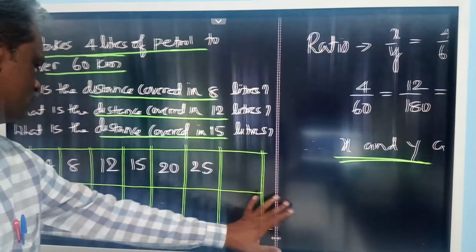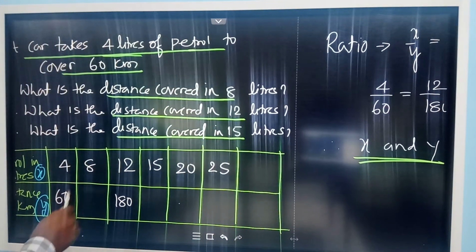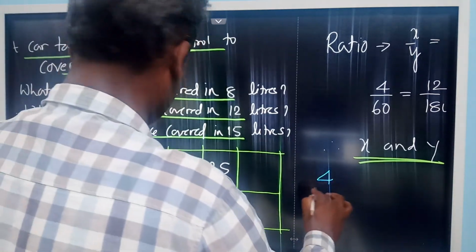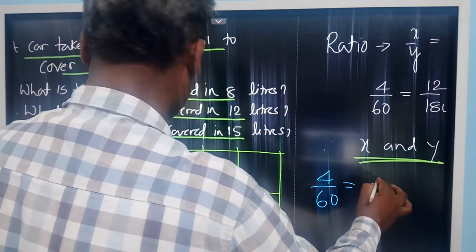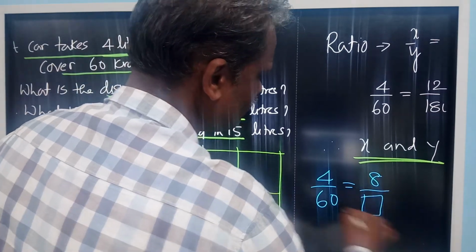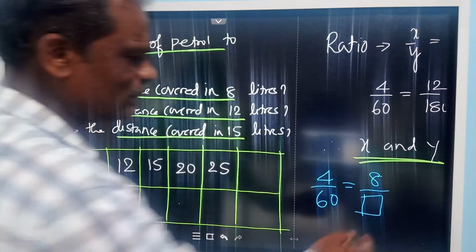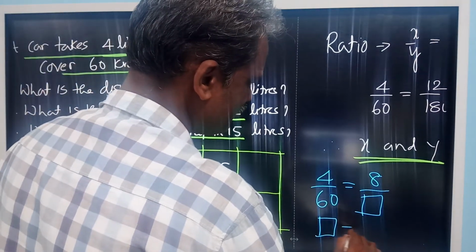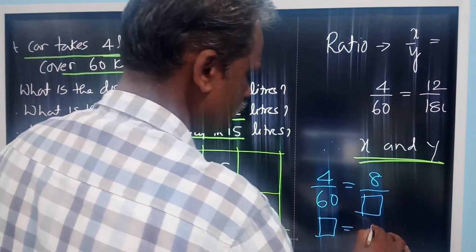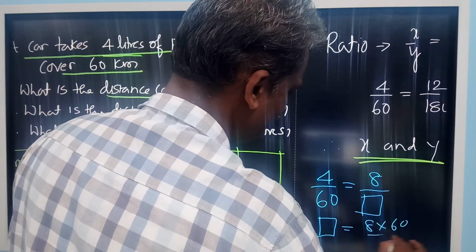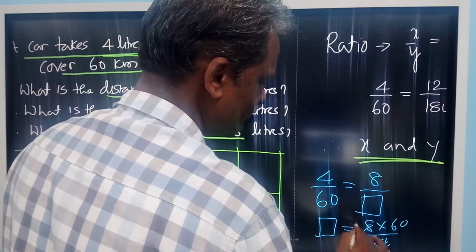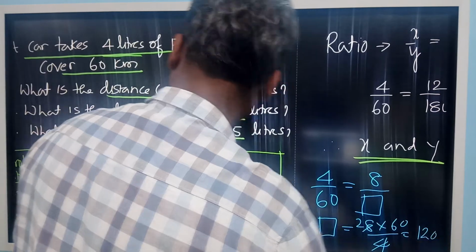You can find out the other one also. 4 by 60 is equal to 8 by question mark. Both should be equal. Cross multiply: this box is equal to 8 into 60 divided by 4. 4 ones are 4, 4 twos are 8, so it becomes 120.